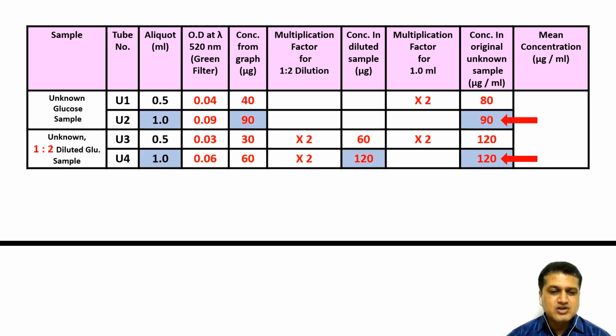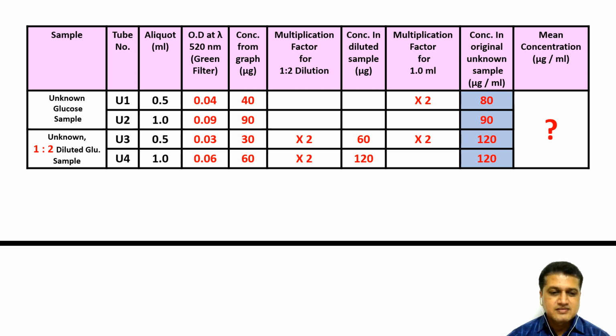The aliquots of sample U2 and U4 is 1 ml. So their concentrations are not doubled. Thus, final concentrations of glucose in U1 is 80, U2 is 90, U3 is 120, and U4 is 120 micrograms per ml.